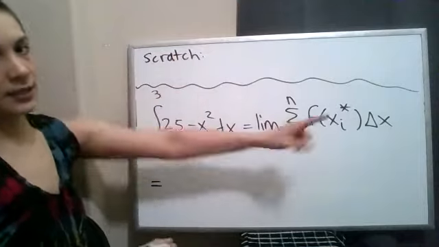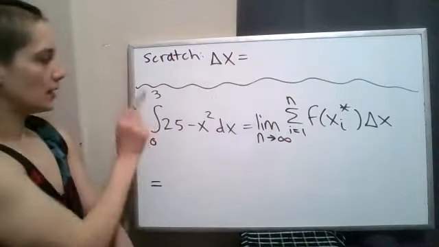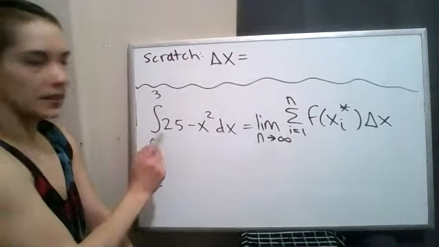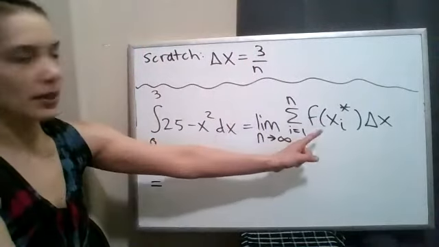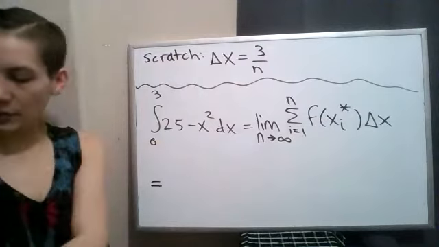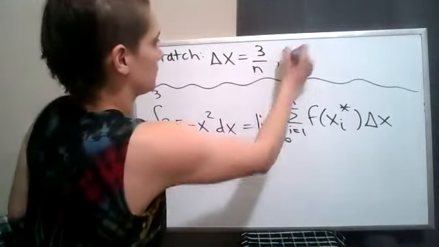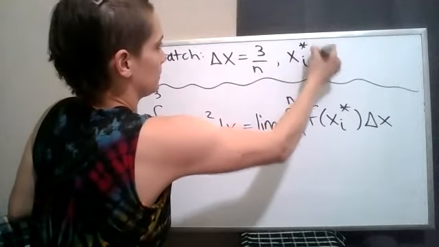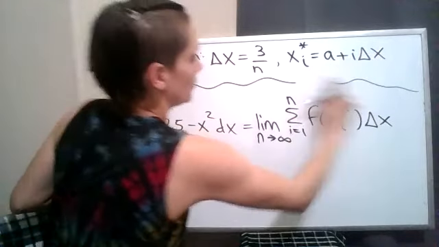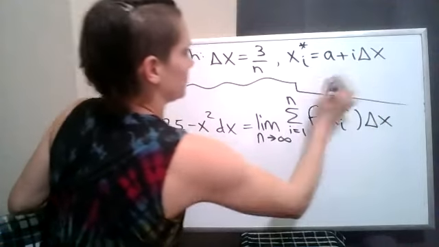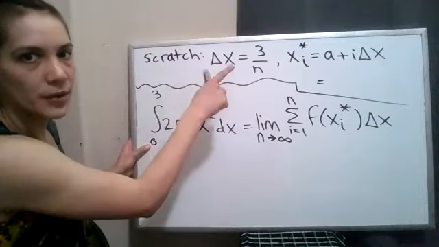Okay, first thing I need is delta x. And it's (3 minus 0) over n. Okay, my x sub i stars are going to be, what was that theorem? a plus i delta x. Okay, so we've got a equals 0. 0 plus i times 3 over n.